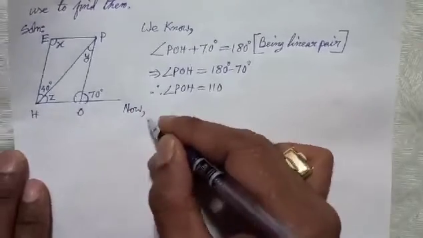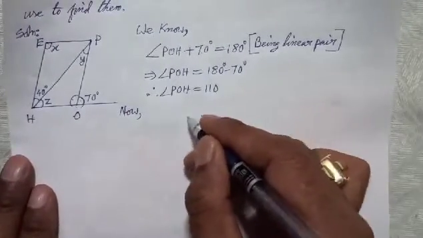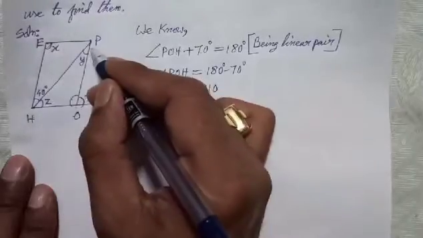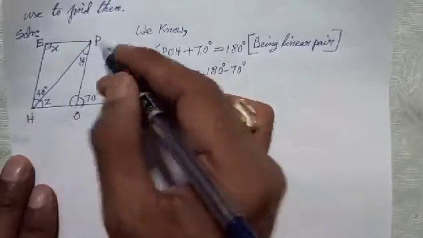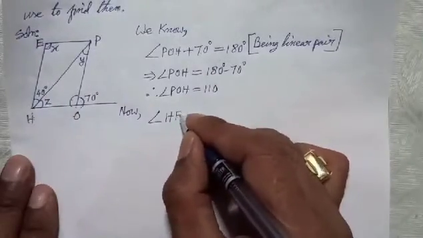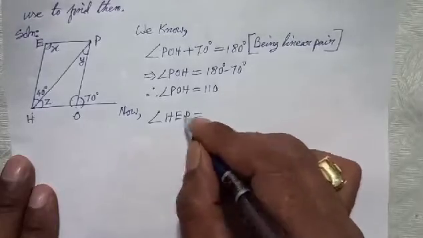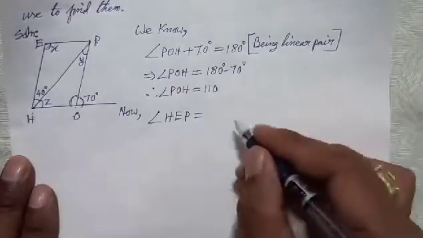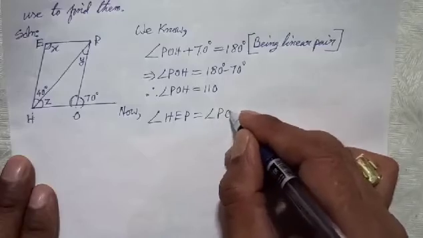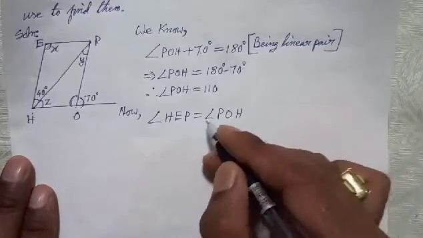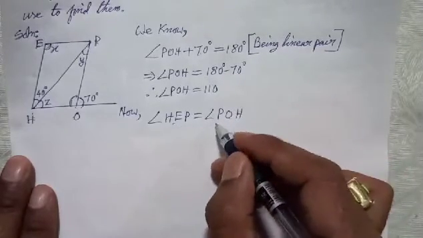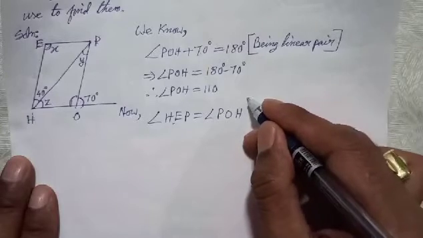Now this angle, angle HEP, is equal to this angle POH. These two angles are equal because they are the opposite angles of a parallelogram.